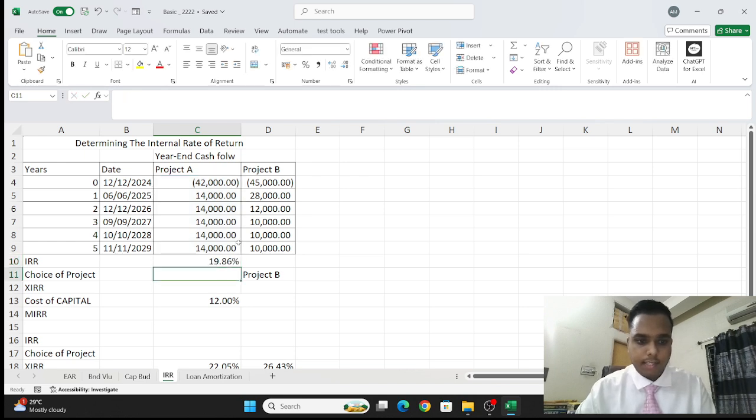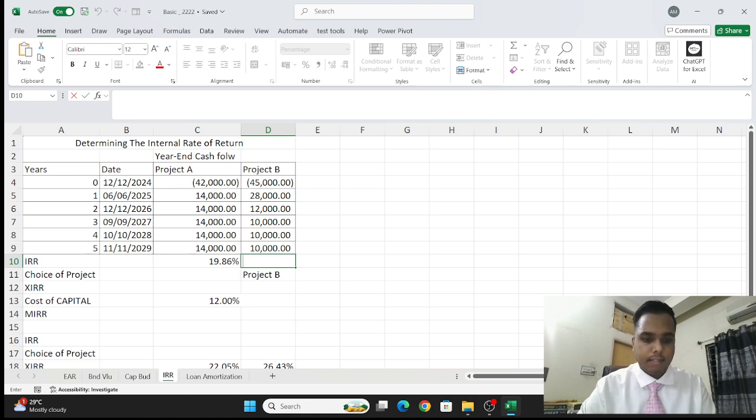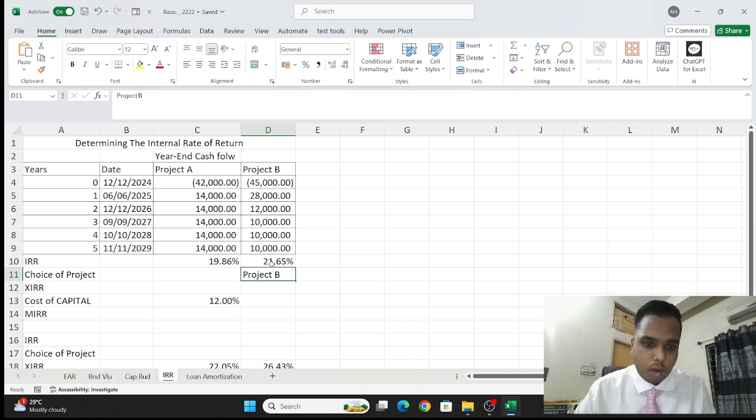So the IRR is 19.86, and for project B, equal IRR, values, rest of the values, comma, 0, bracket close, equals 21.65. So the choice will be project B, because the IRR percentage is higher in project B. Project B has the higher internal rate of return. So we will choose project B.